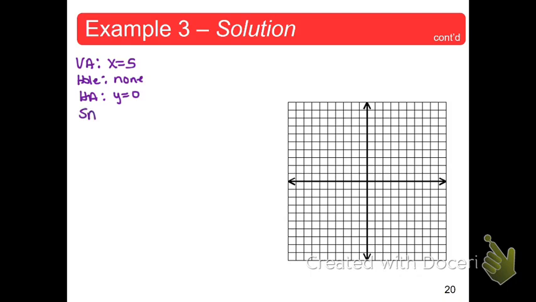We said there was no slant asymptote. There was no x-intercept. We said we had a y-intercept at, what is that, 2 over 5? 0 and 2/5. Alright, so we're ready to make our table.